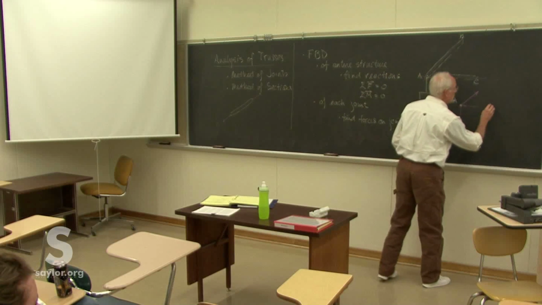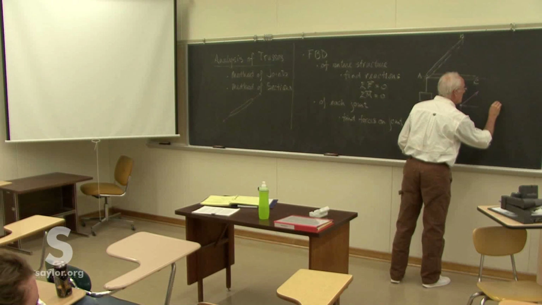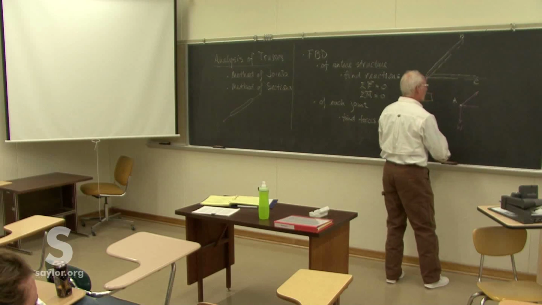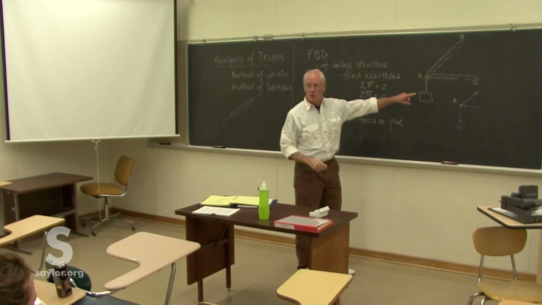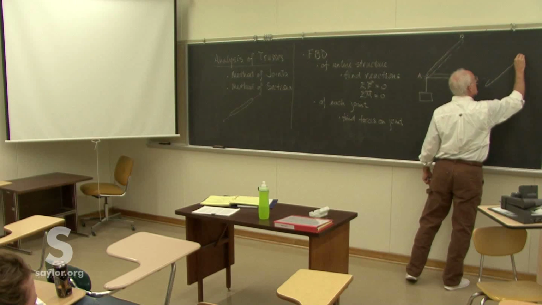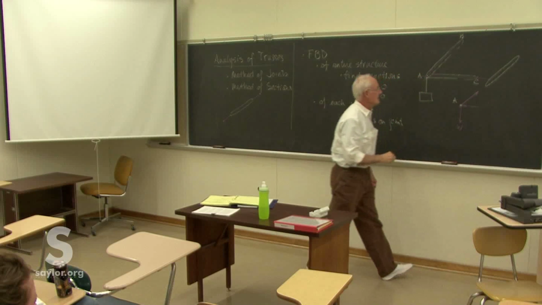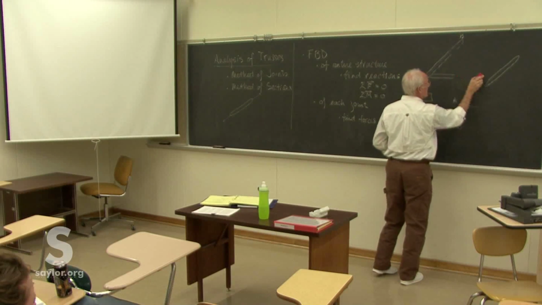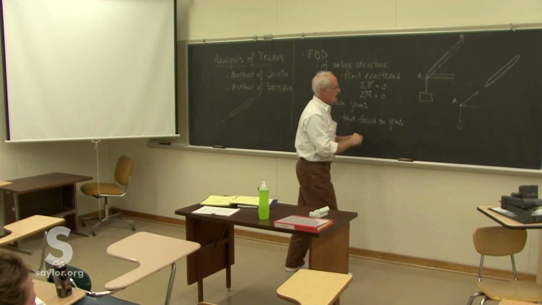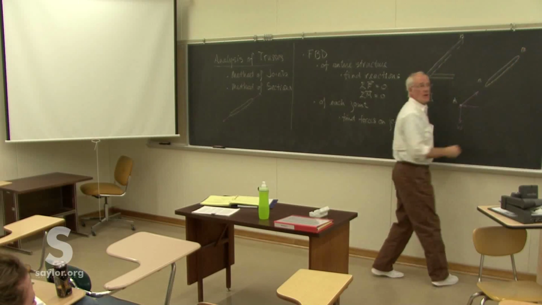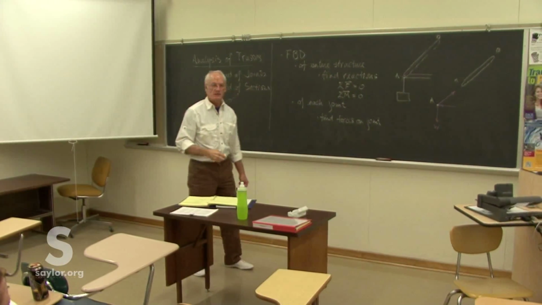The other thing that's important for us to realize is that once we know what the forces are on a joint, we know what the forces are on the member that connects to that joint. Let me just give myself a little room here. So that's the member AB then, and we now know what forces are on it.